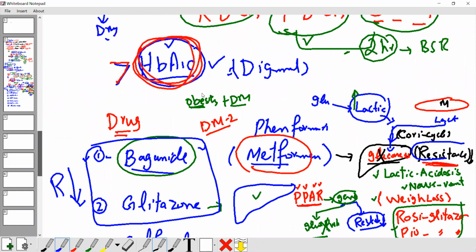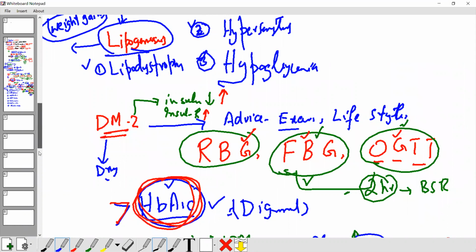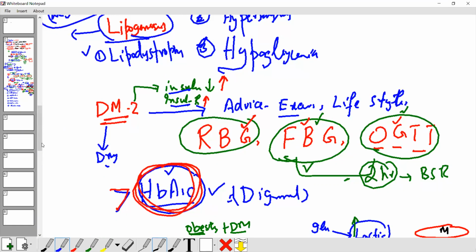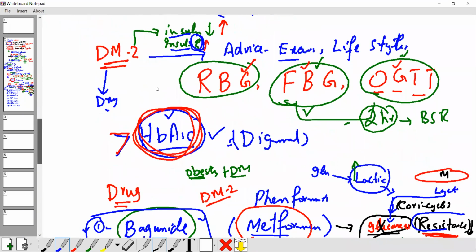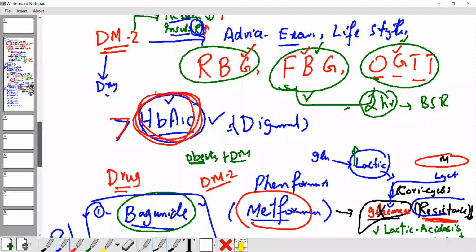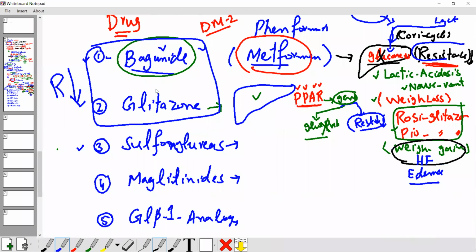Now we are working on decreasing the resistance, with biguanide and glitazone. Metformin is the gold standard drug. If the patient is overweight with diabetes, your drug of choice is metformin.